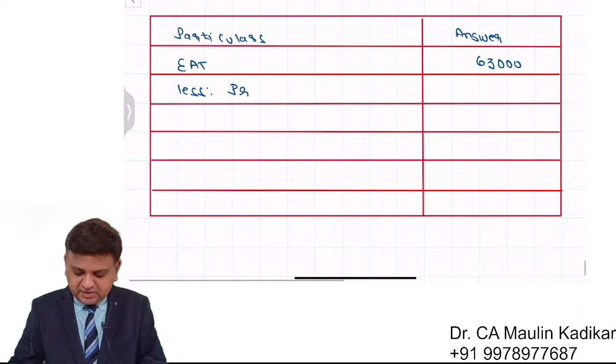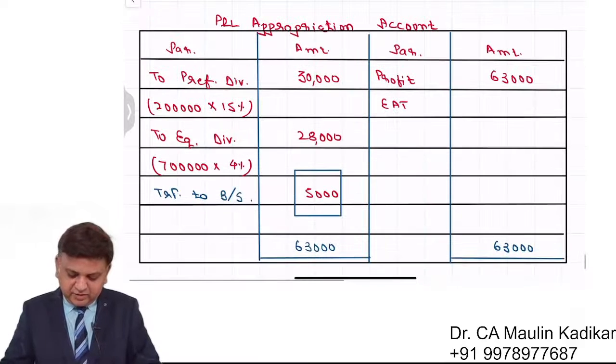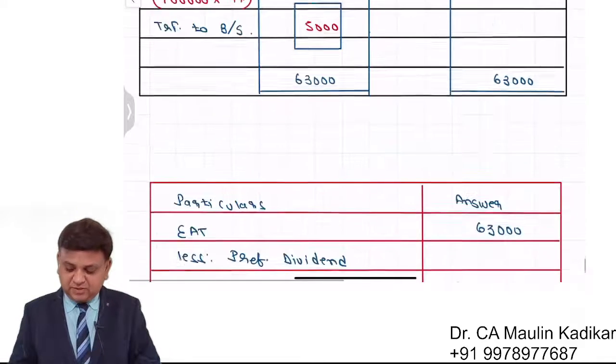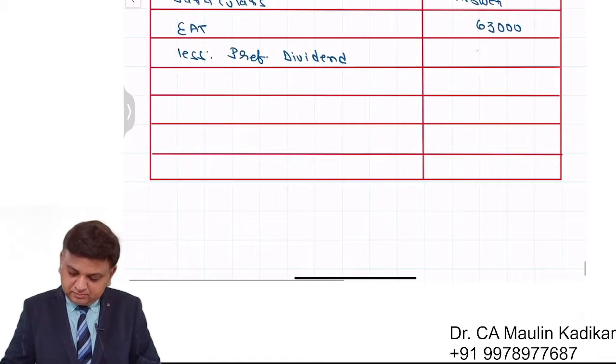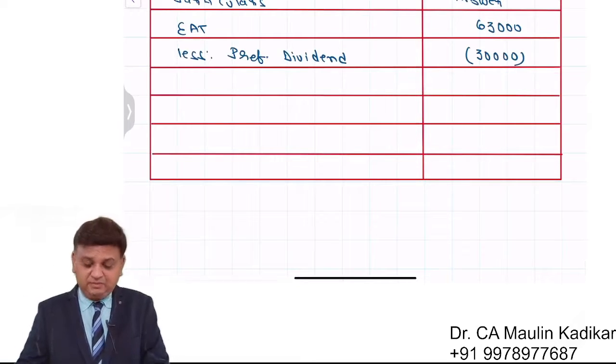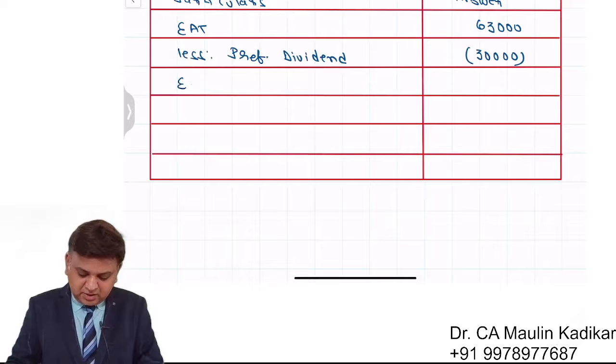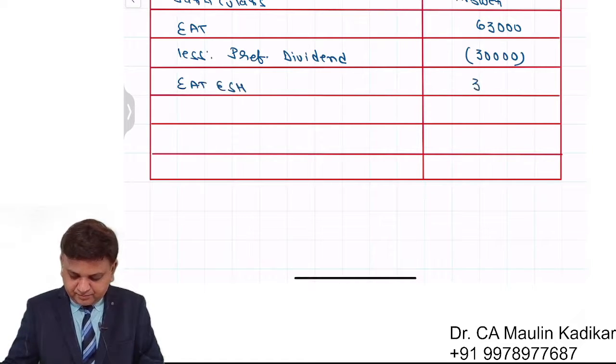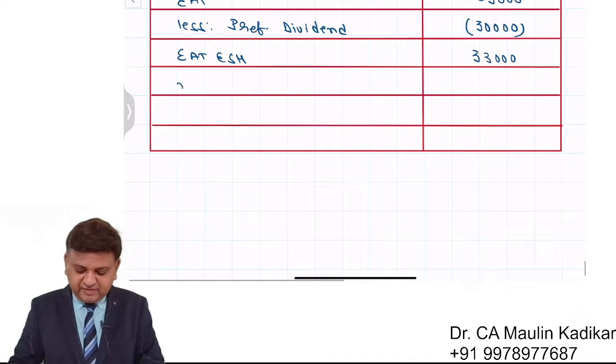Less preference dividend, which we already found is 30,000. 63,000 minus 30,000 is earning available to equity shareholders, 33,000. The same will be divided by the number of equity shares.